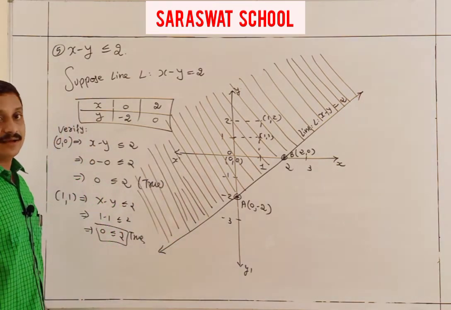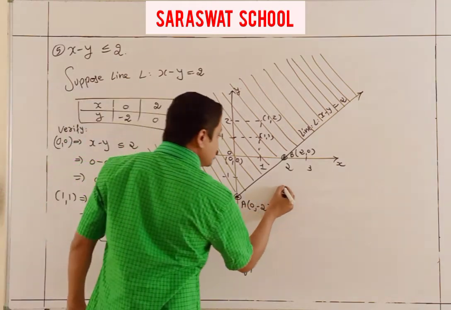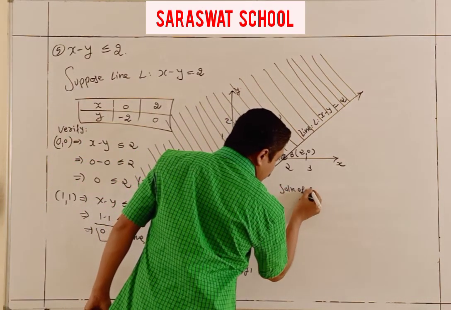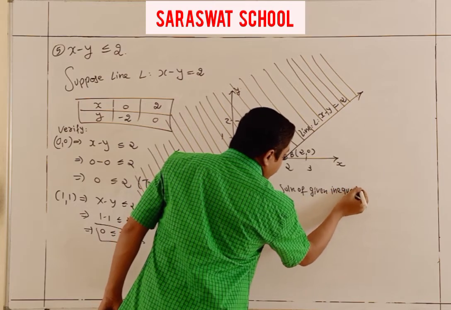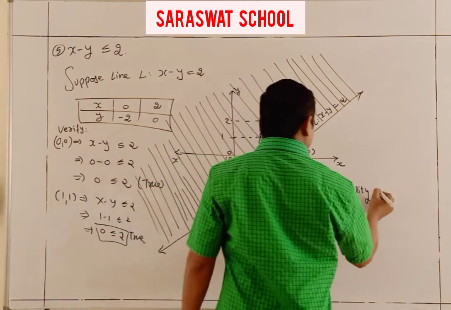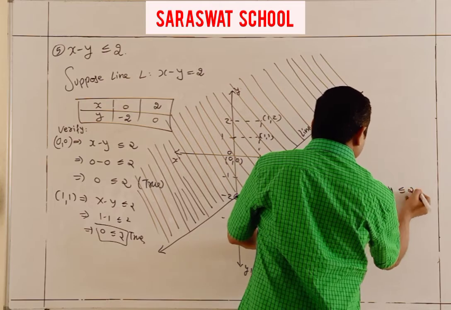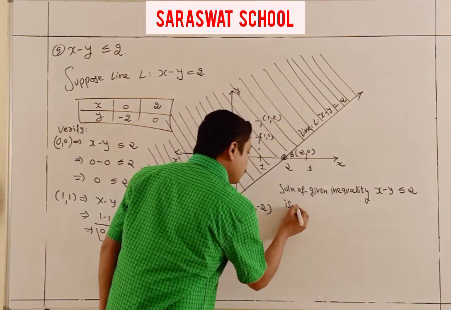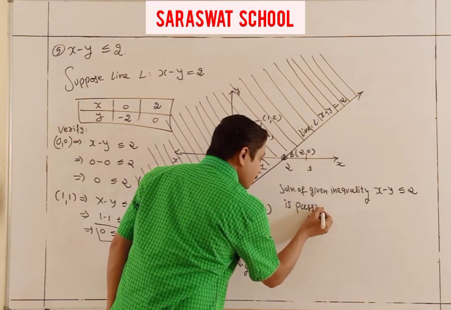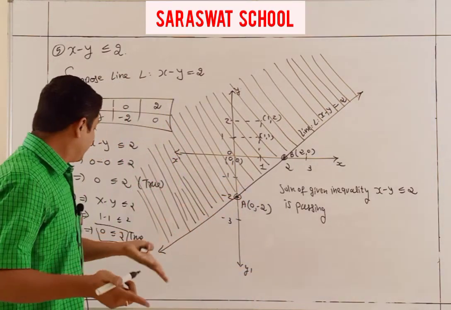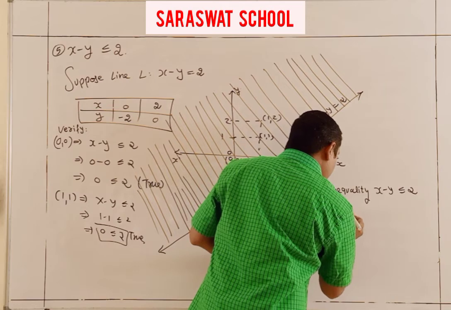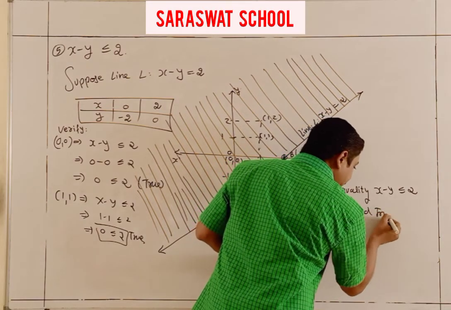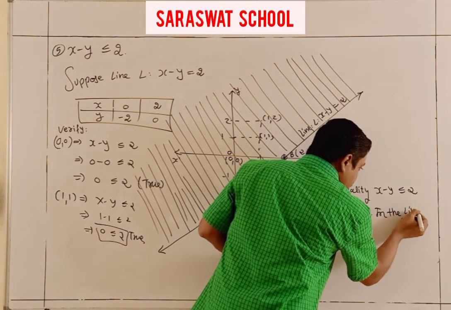And the answer is ready. So, the solution of the given inequality x minus y less than or equal to 2 is passing through the origin, definitely, and in the line. What is the line L?